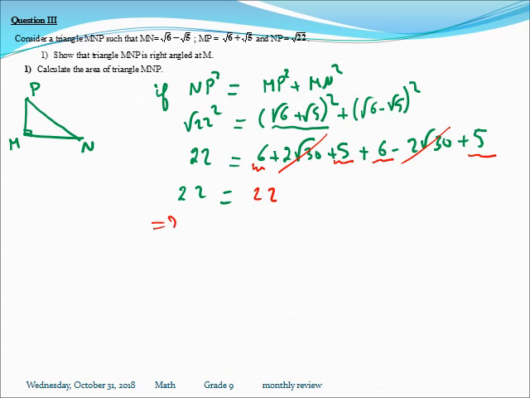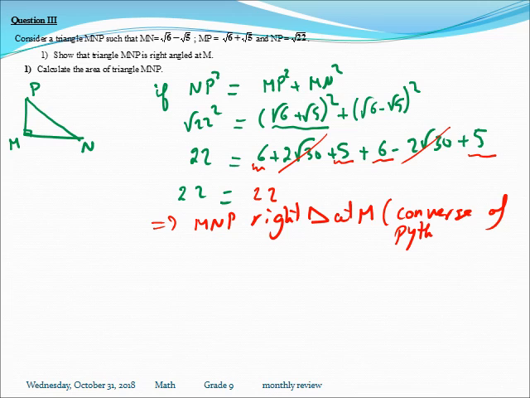So MNP is a right triangle at M, using the converse of the Pythagoras theorem.